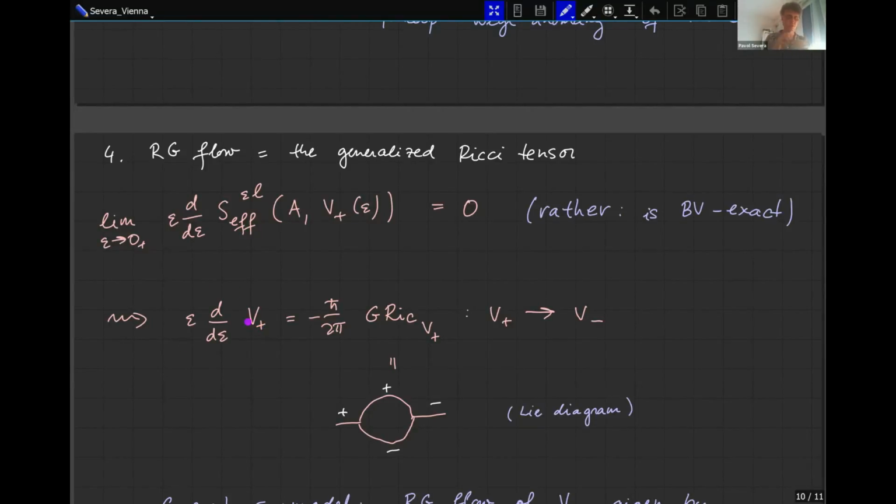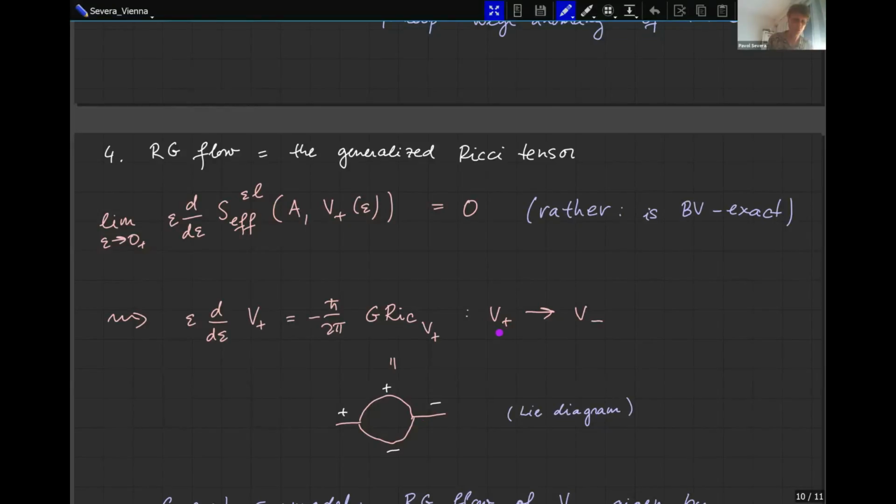So one should understand that you have this V plus inside of G, and it will move by some linear map that goes from V plus to V minus. That's like an infinitesimal deformation. And this infinitesimal deformation can then be computed: it's some coefficient times, again, this diagram, the one that we saw in this Weyl anomaly, understood just as the Lie diagram.